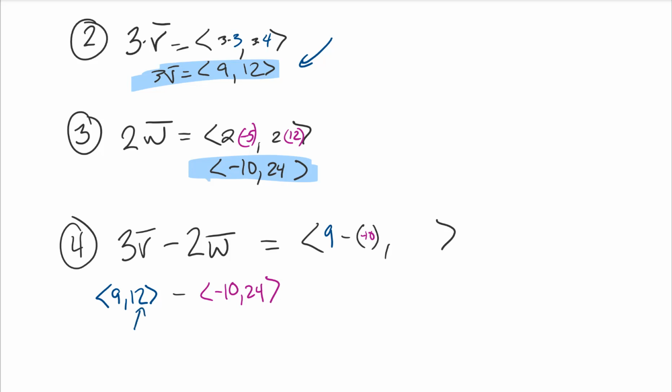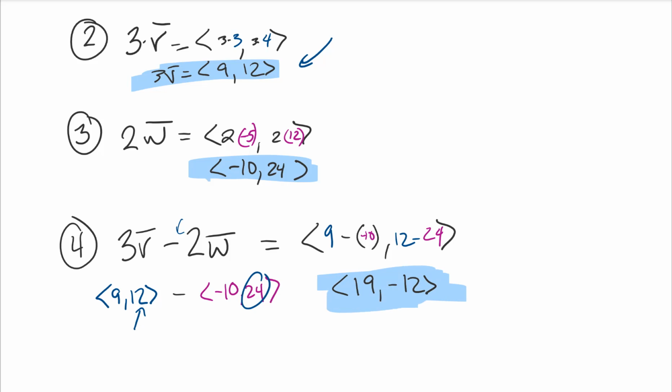Oops, it's not a y value, that's just the y component, or the vertical component. Now we need to subtract out our 24. And what is our resulting vector? I think 9 minus -10, that's 19. And 12 minus 24, that's -12.